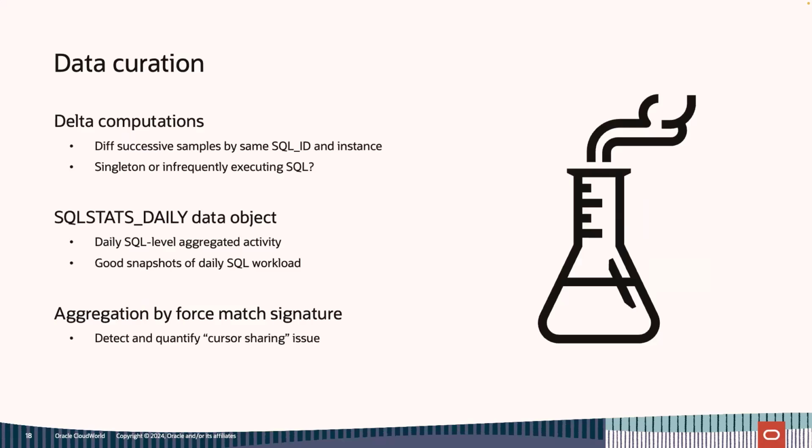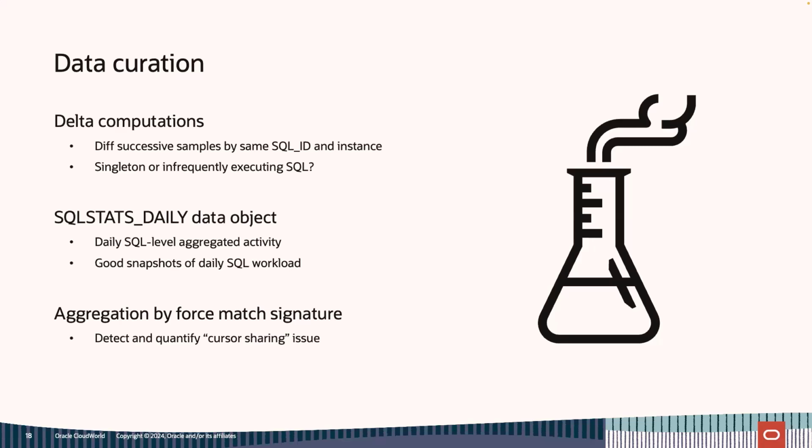What happened since the last sample? And in order to do that, you have to subtract the prior sample from the current sample and get what we call the delta, right? So we're diffing successive samples by SQL ID for the same SQL ID.